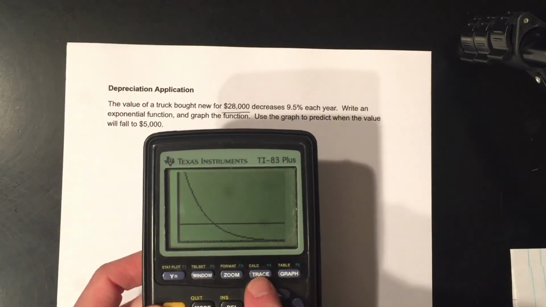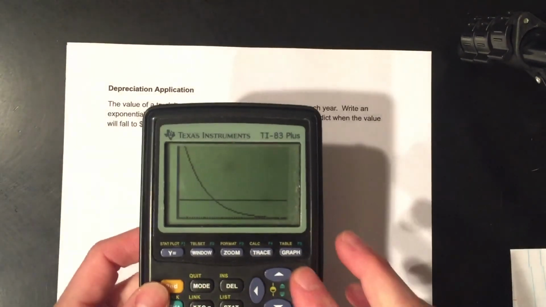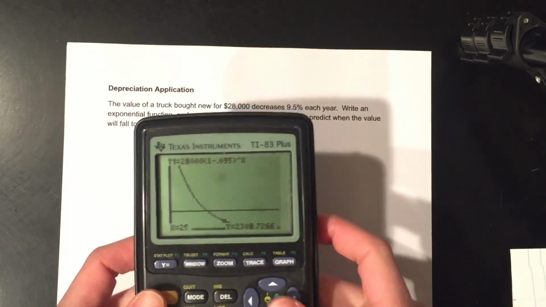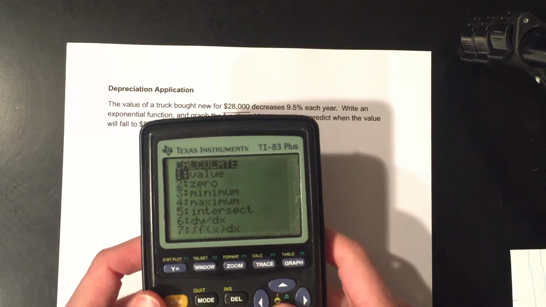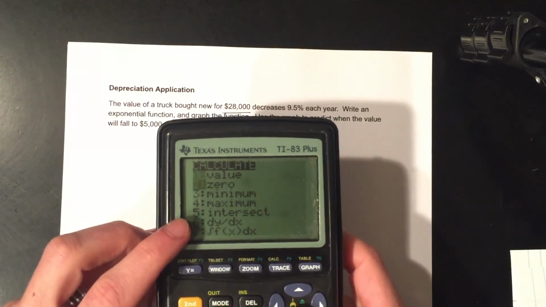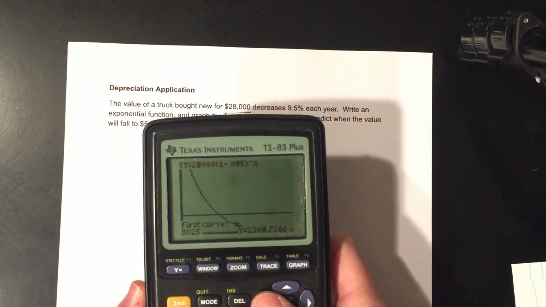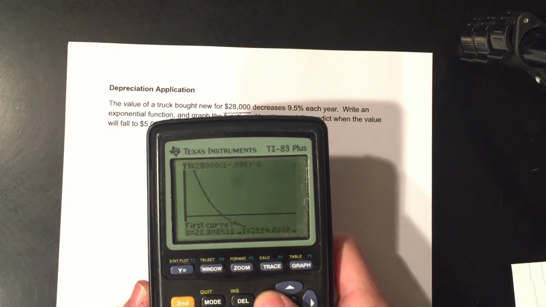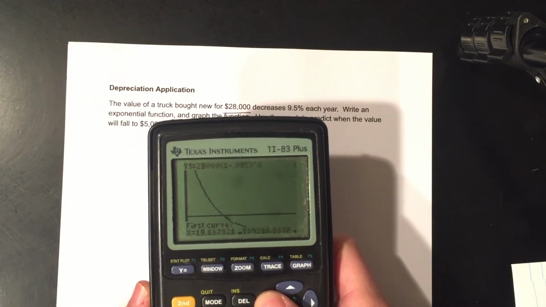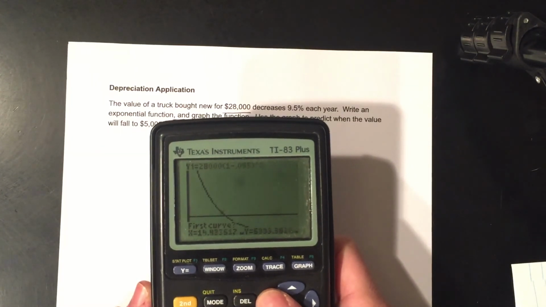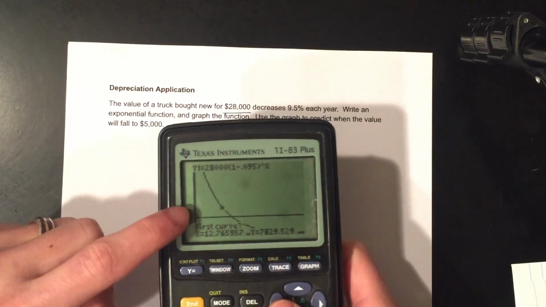So again, we're going to go to that trace button. Right above it says calc. So we get to that calc screen. Second calc. It says intersect. We're going to use that intersect button. Look at my blink. I'm getting my cursor somewhere you guys can all see it. It's kind of in the middle of the screen now. See it?